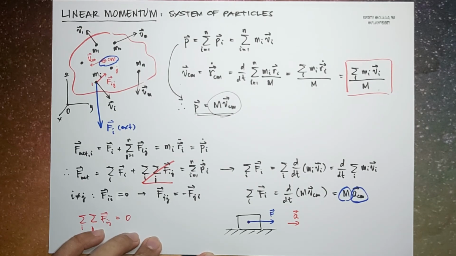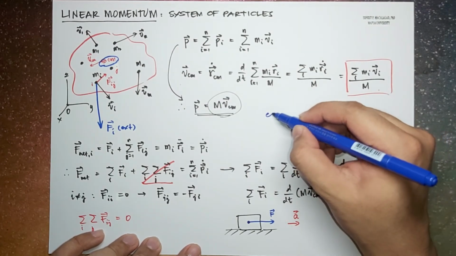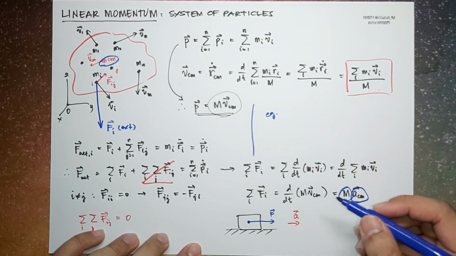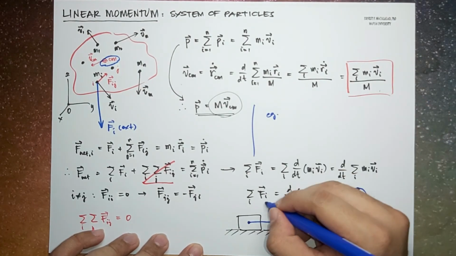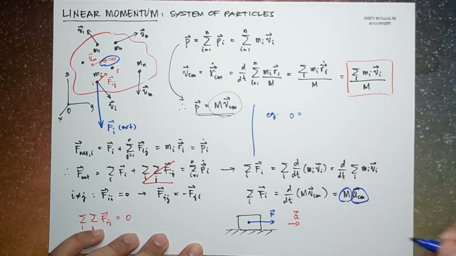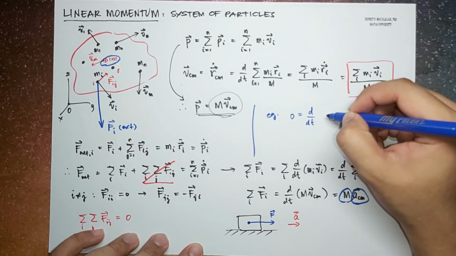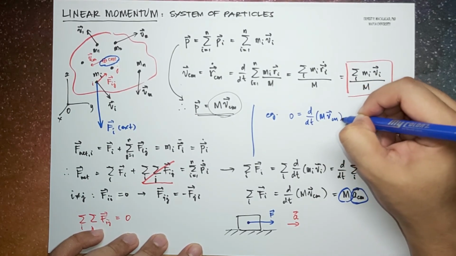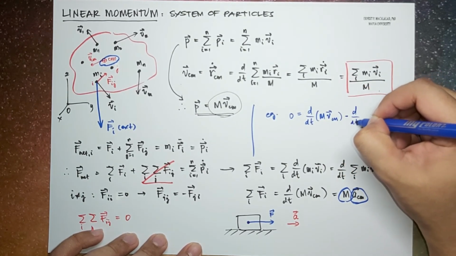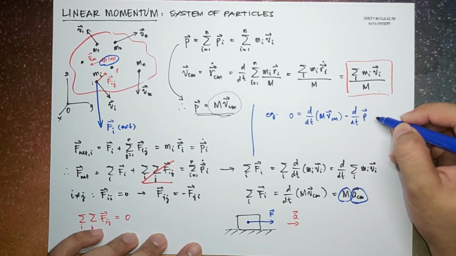Okay, so for example, let's say there are no external forces on the system, so this means this is 0. So that means the time derivative of M V CM, which is the momentum of the system, is equal to 0.